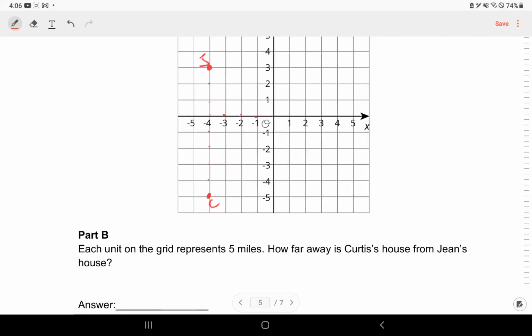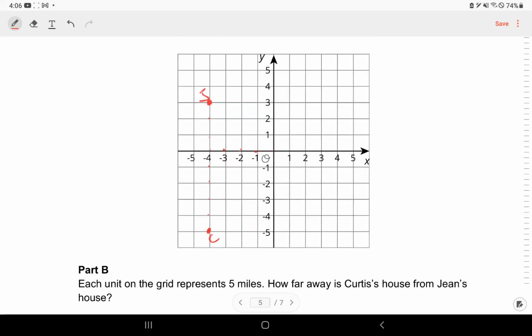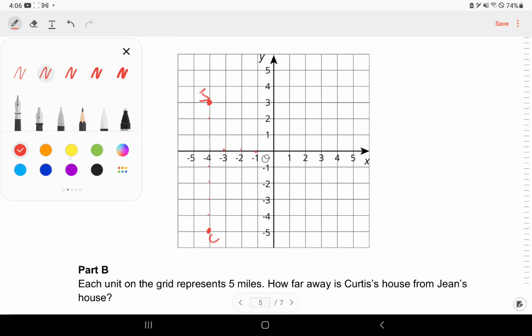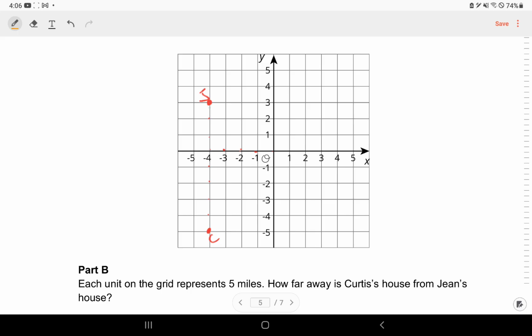Now, each unit on the grid represents 5 miles. So that means that's 5, and that's 5, and that's 5, 5, 5, 5, 5, and 5.